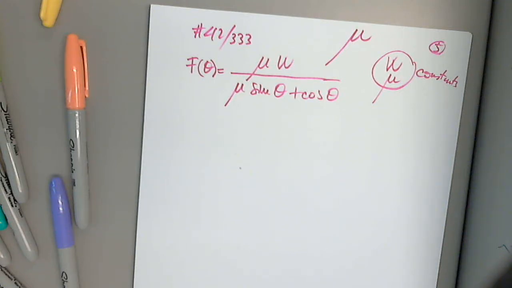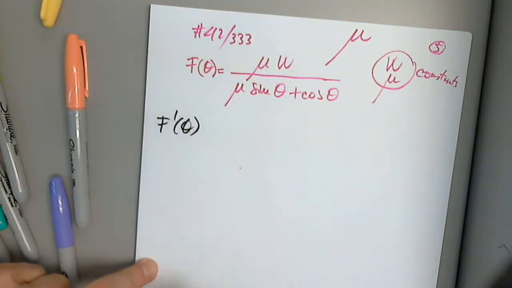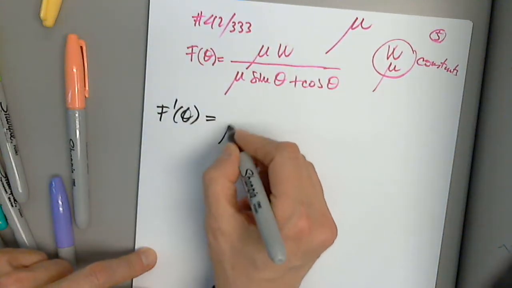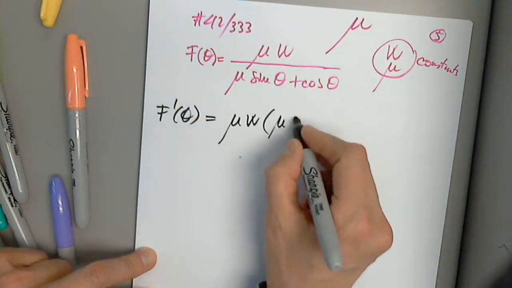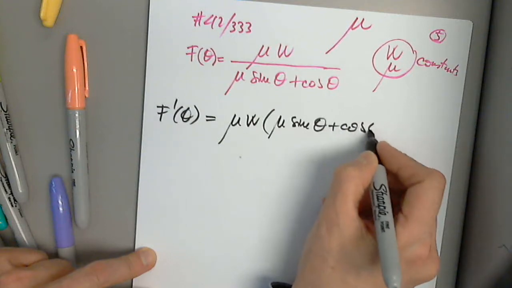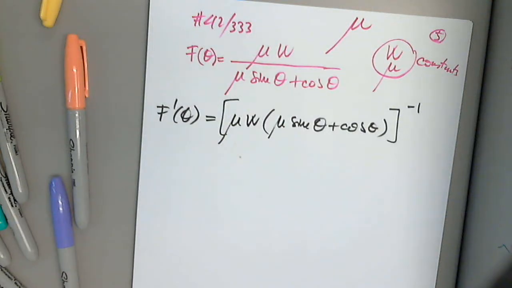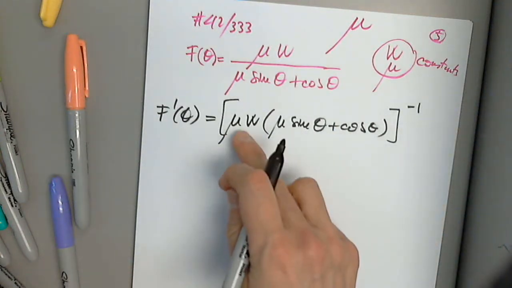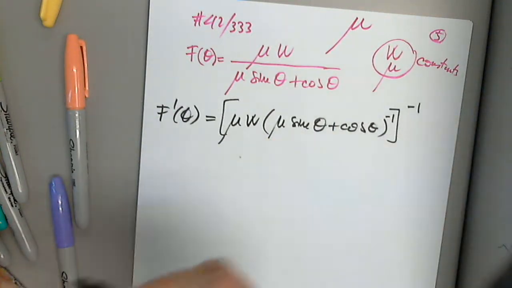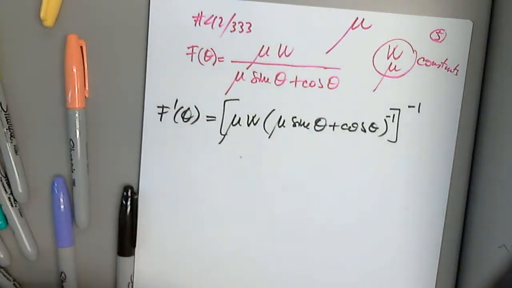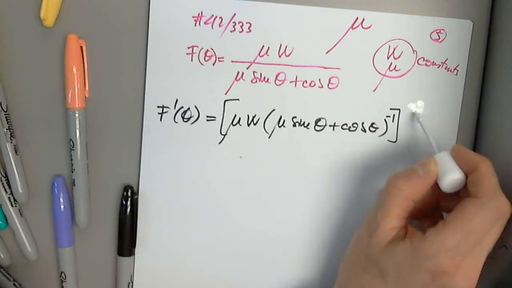So then, what do I do? Do you find the derivatives? Absolutely. So I find the derivative f prime of theta. However, I recommend differentiating this. To which power? Yes, I highly recommend changing the function into this. I meant to write the -1 here. Mu W has to stay. They don't get power -1, only the denominator, of course, gets power -1.